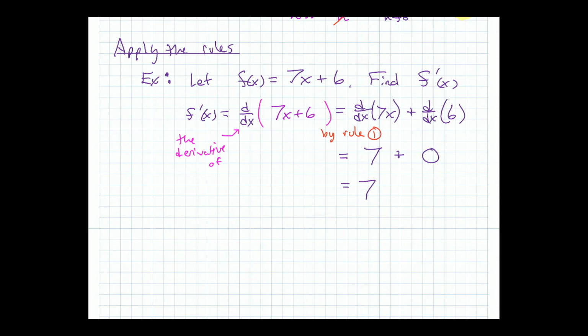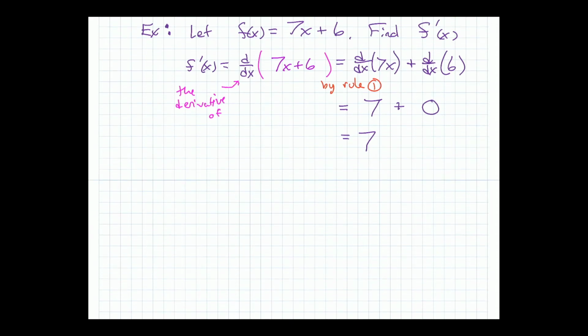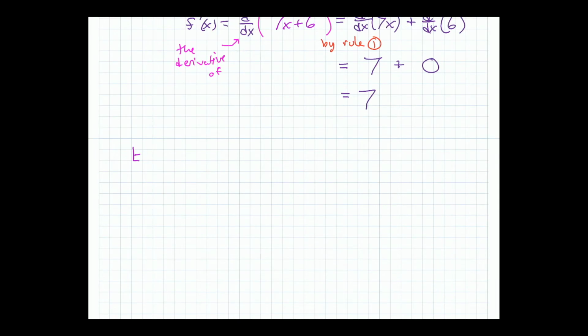So that's easy. With a little bit of practice, you don't need to write that amount of work, right? It doesn't take you very long to be able to say, if I say evaluate the derivative of 5x plus 3, you should just be able to go, well, this one's going to be 5, and that one's going to be 0, when you take the derivative.